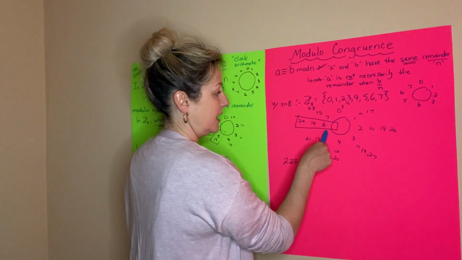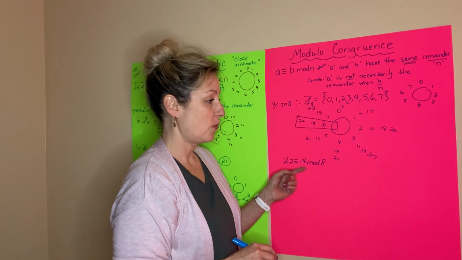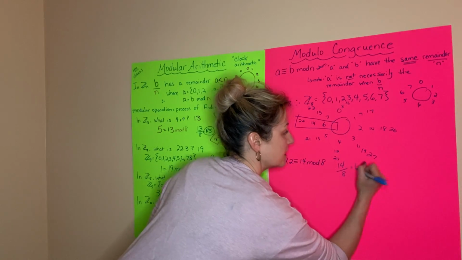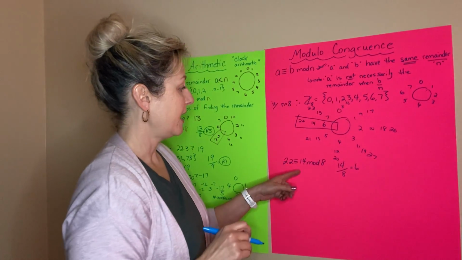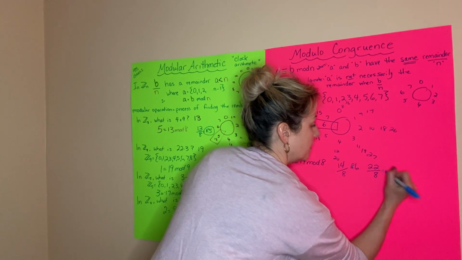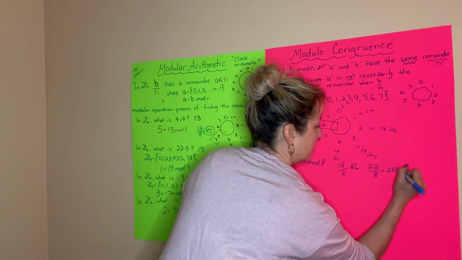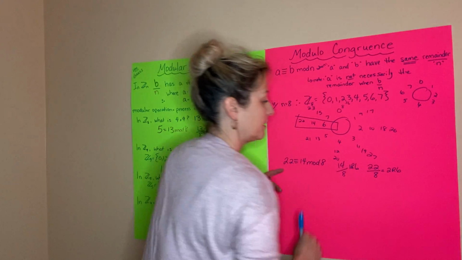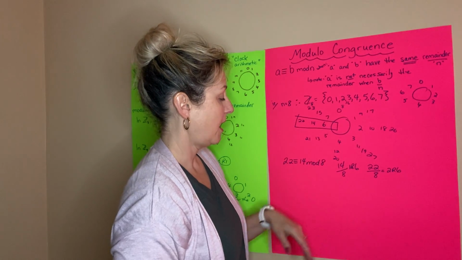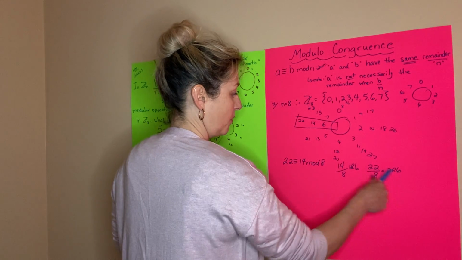It's basically saying that they land on the same value. 14 divided by 8 is 1 remainder 6, and 22 divided by 8 is 2 remainder 6. So we have two different numbers, but they both have the remainder of 6.